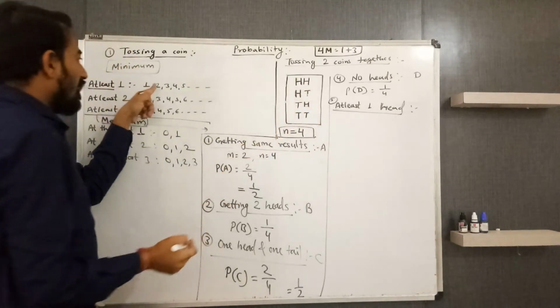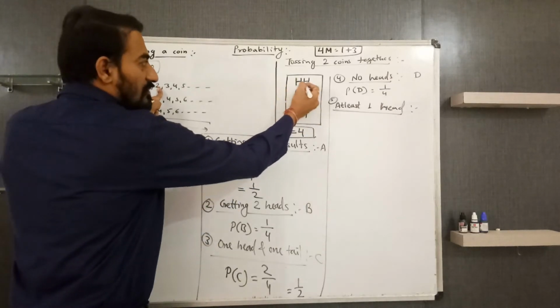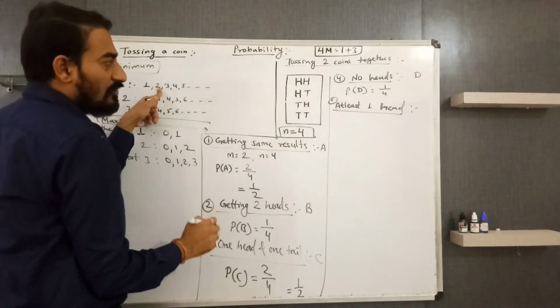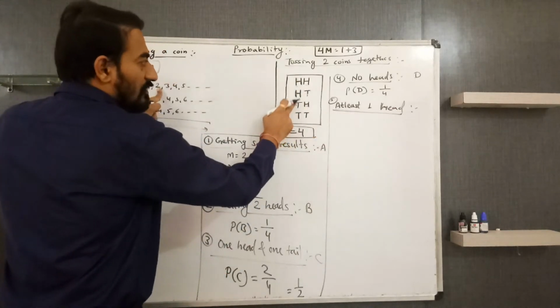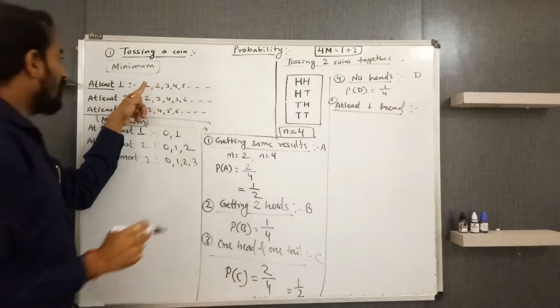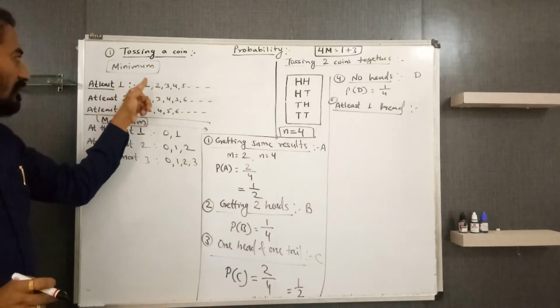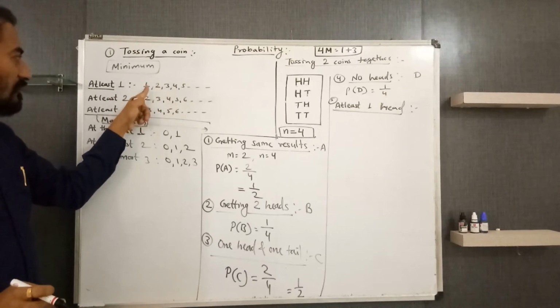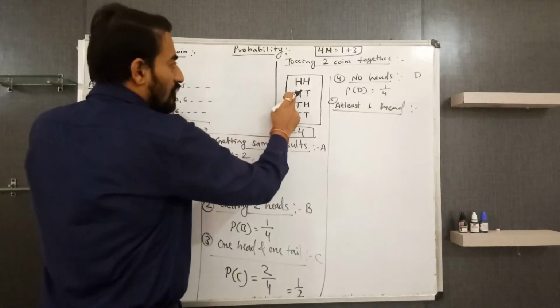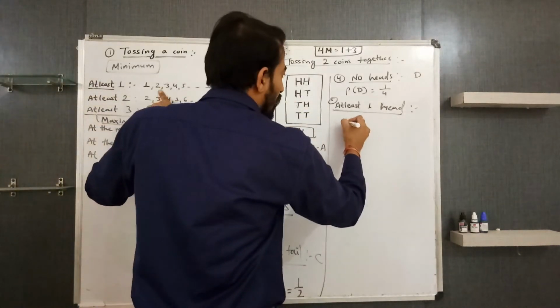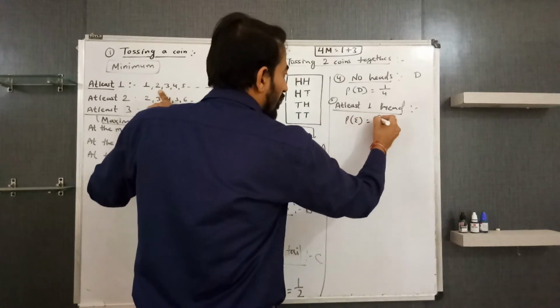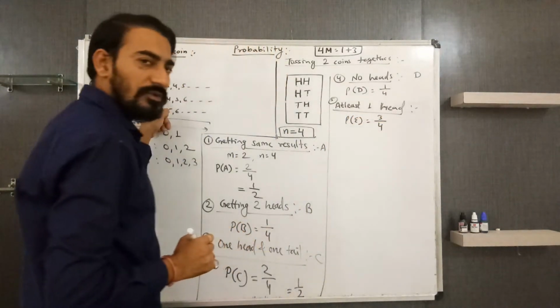Two outcomes. If we have two heads, means this also. So how many outcomes for this event? 1, 2, 3. Again, at least 1, we can take more than 1 here. Means 2 also. So 1, 2 and 3 outcomes we will have. So probability of this event will be 3 by 4.